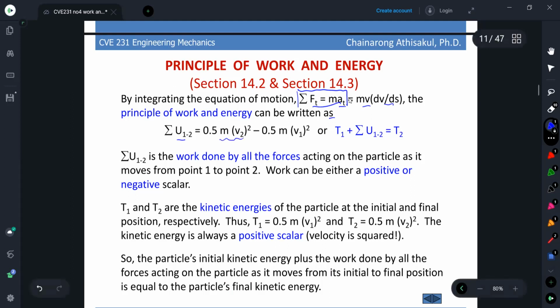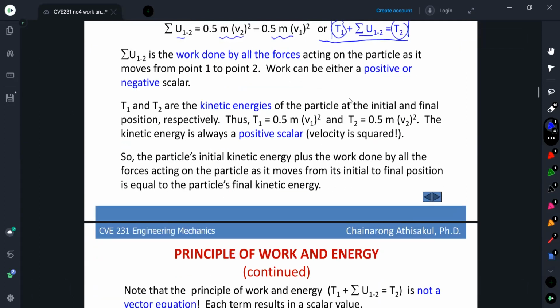We define this term as the kinetic energy, so we can rewrite this equation into this form. That is the principle of work and energy: the kinetic energy at the first position plus the work done from the first to the second position becomes the kinetic energy at the final position.